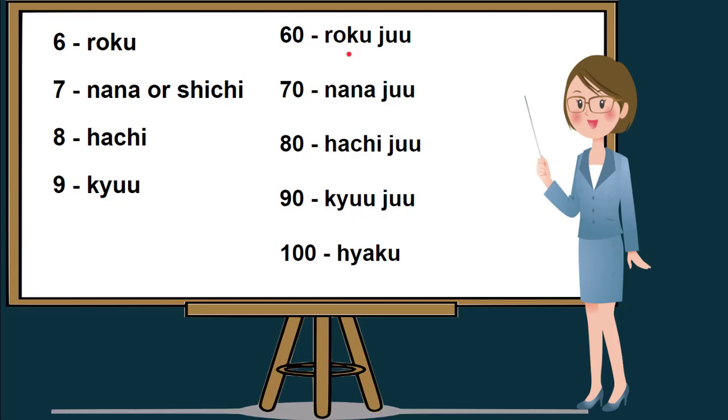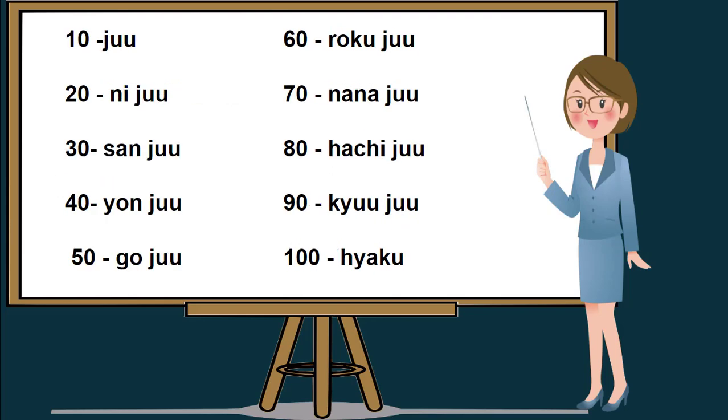This time, let's make it faster. Roku, nana, hachi, kyuu, hyaku. This time, let's count from 10 to 100 by tens.